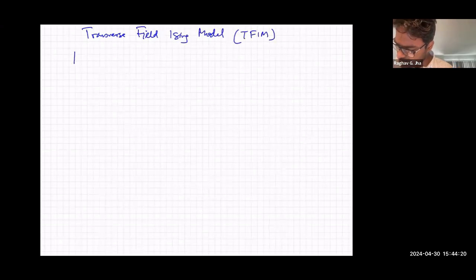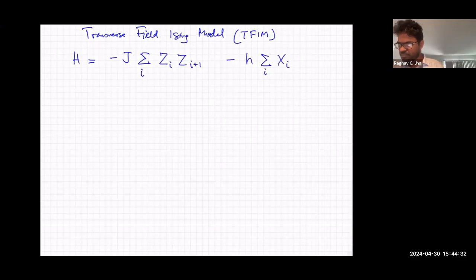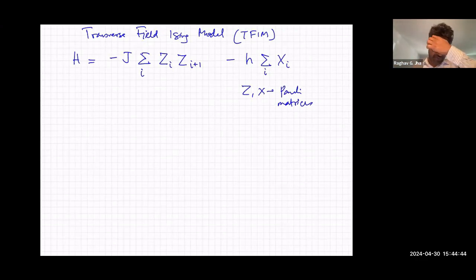The transverse field Ising model is given by the Hamiltonian, where Z and X are the Pauli matrices. So there's a ZZ term with some exchange coupling J, and there's a magnetic field term which is transverse because this is Z and this is X. That is why it's called the transverse field Ising model.